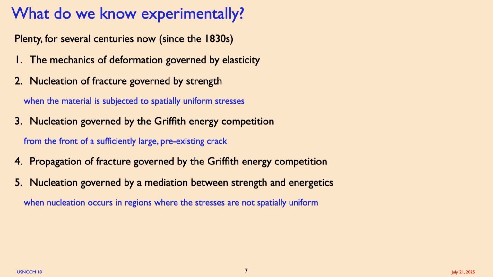Of course, we know a lot about the mechanics of deformation as governed by elasticity. We also know a lot about the nucleation of fracture and its propagation. And finally, the mediation between strength and energetics, that applies to a wide range of cases. So I'm going to talk about strength and energetics and how they interact.